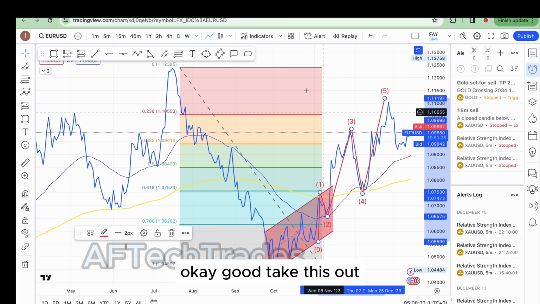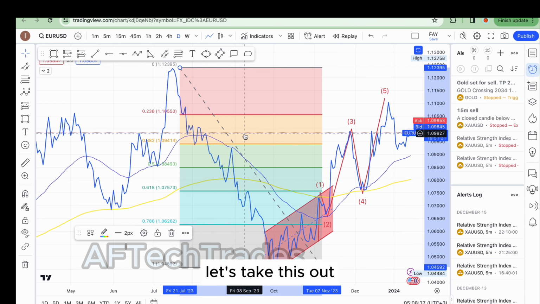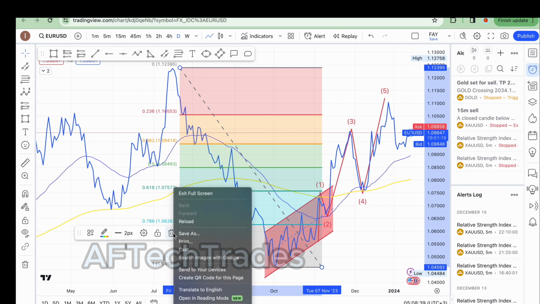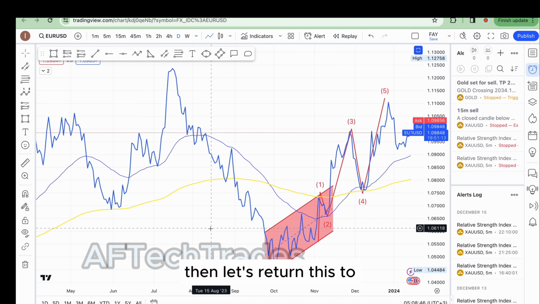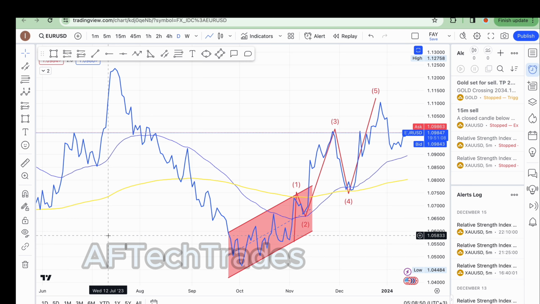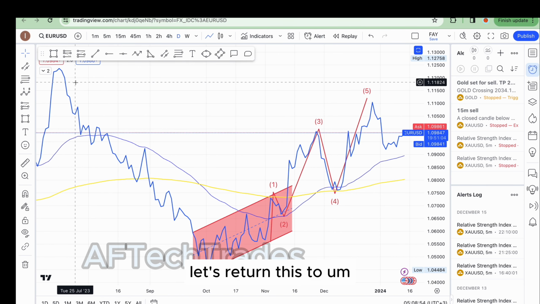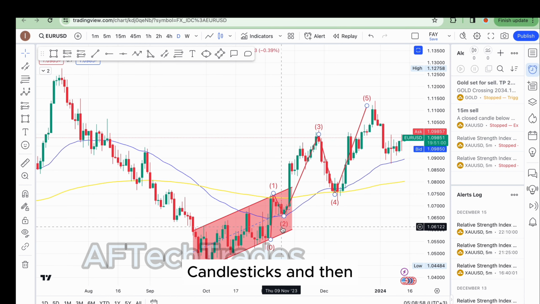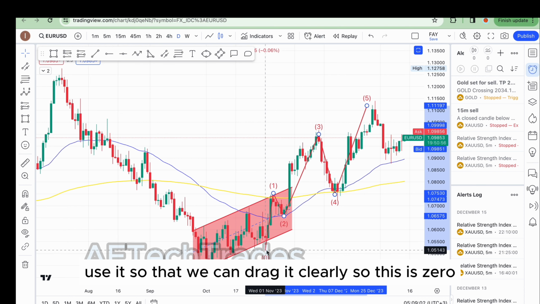Take this out so that it is clearer. We are in the daily time frame. Let's return this to candlesticks and then use it so that we can drag it clearly.